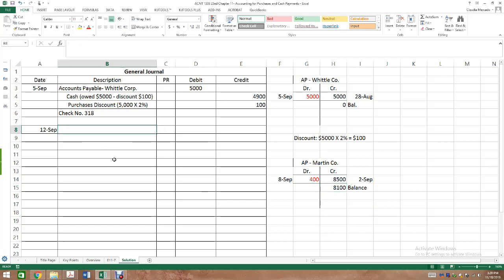So I need to clear $8,100 from my accounts payable because I'm submitting payments. So I'm going to debit my accounts payable for Martin Company for the $8,100. Then we need to figure out how much cash I am going to pay.